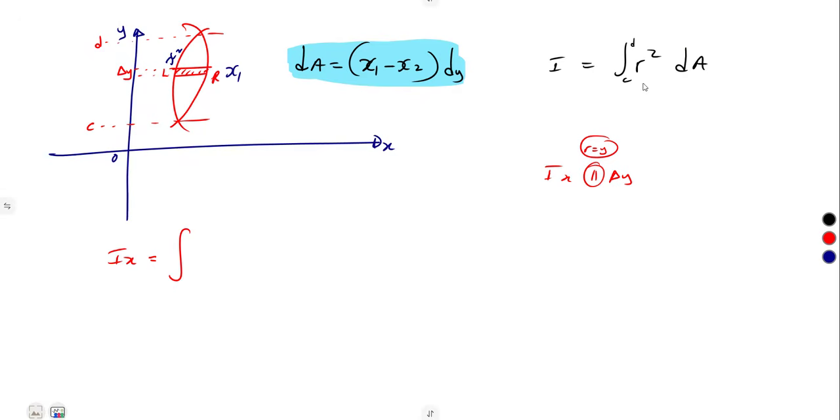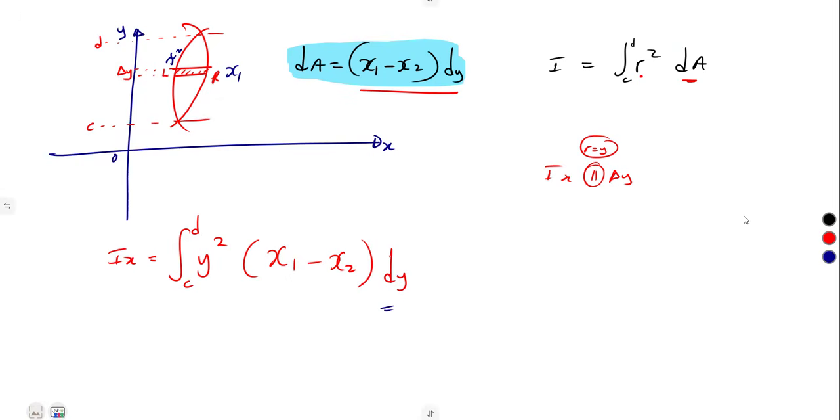So it was going to be r squared, that's y squared, y squared times dA. Our dA is this one, so it's going to be times x1 minus x2 dy like that, from C to D, just like that.